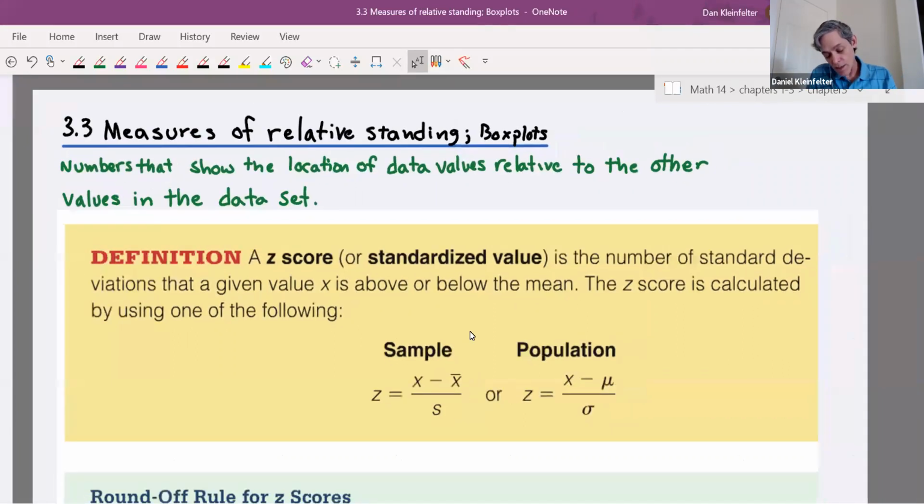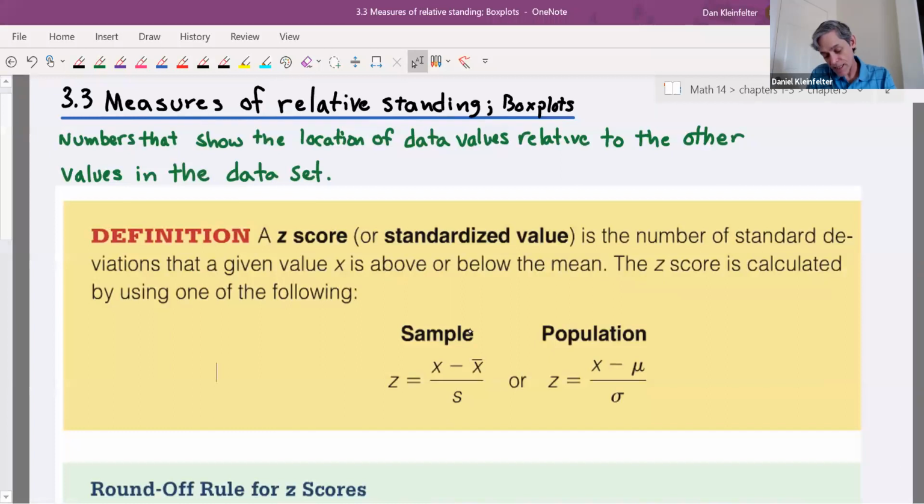Okay, so the main tool that we have in this section is the idea of a z-score or standardized value. And there are two different formulas here depending on whether you're dealing with population or sample data, but they're conceptually the same thing. It's the number of standard deviations that a given value x is above or below the mean.